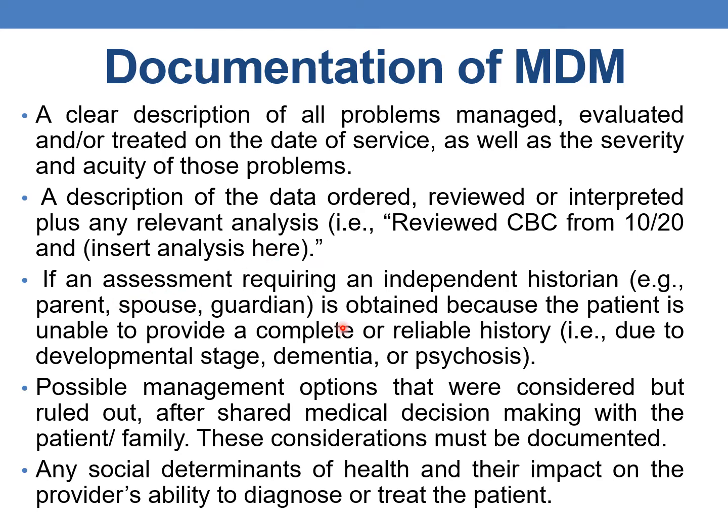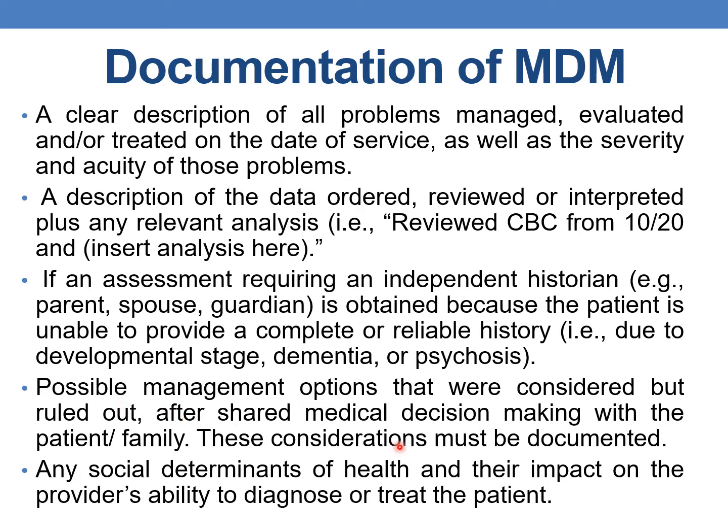If an assessment requiring an independent historian, for example, patient, spouse or guardian, is obtained because the patient is unable to provide a complete or reliable history due to developmental stage or dementia or psychosis, even that should be documented, that an independent historian has been used to acquire the information.